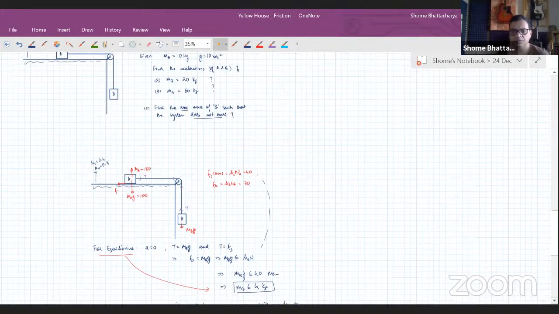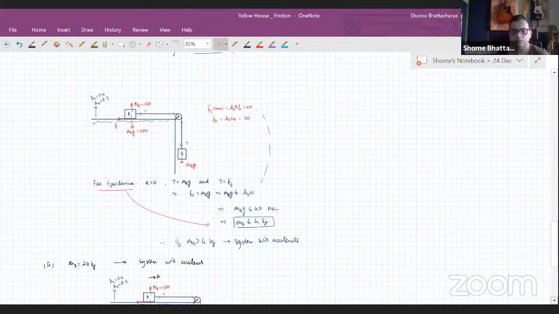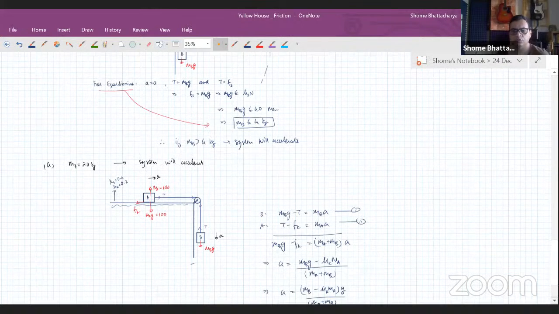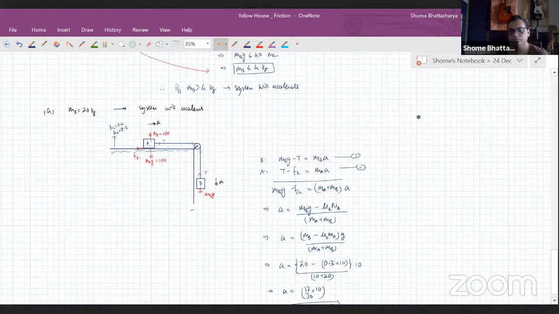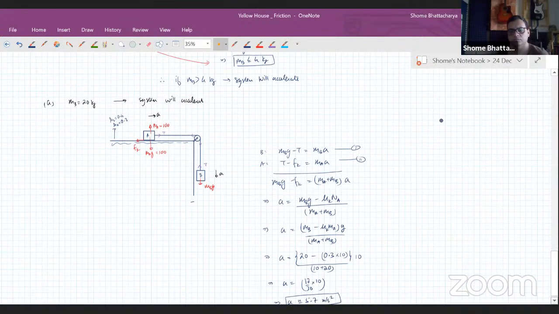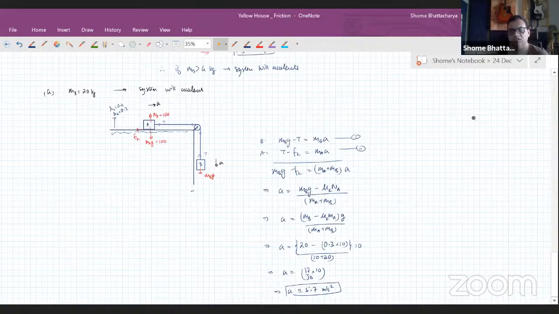Okay, so it's a pretty simple case of substitution of the values. So for the second part, you just replace the mass of B, 60 kg.